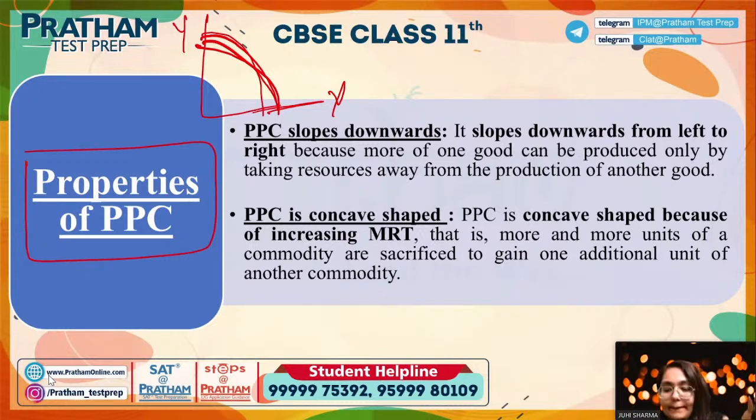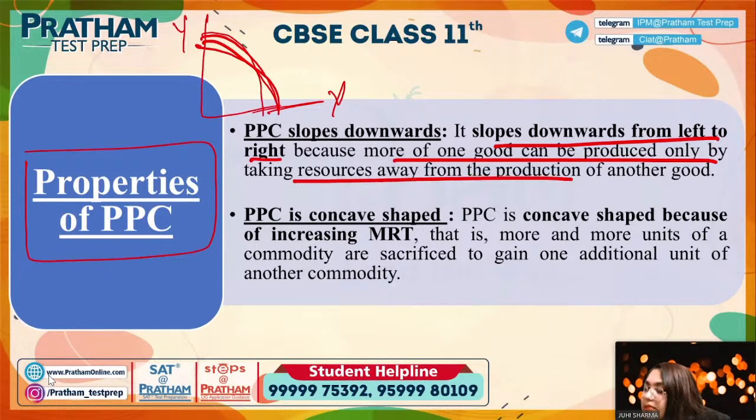Okay, so this is the production possibility curve which is always sloping downwards, right? Why does it slope downwards? It slopes downwards from left to right because more of good x can be produced only and only if we take resources from good y. So that is the reason why the production possibility curve slopes downwards.